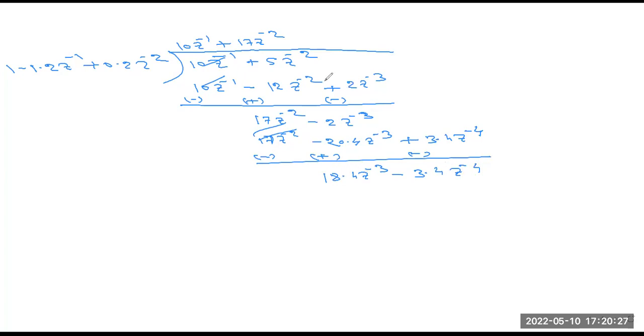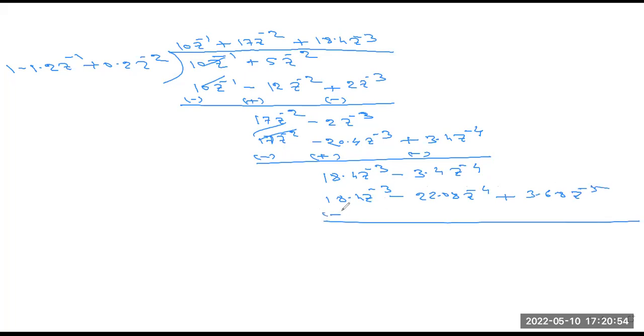Okay, the same process is continuing, plus 18.4 Z inverse 3 we have to multiply. So the same thing is coming: 4 Z inverse 3 minus 22.08 Z inverse minus 4 plus 3.68 Z to the power minus 5.